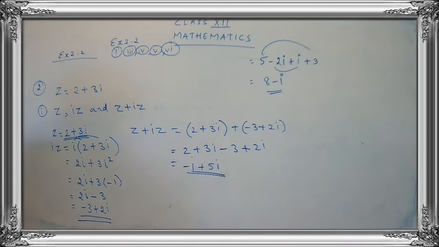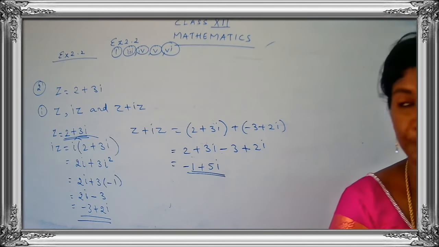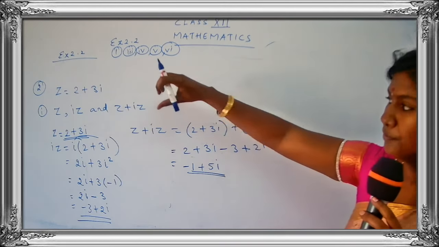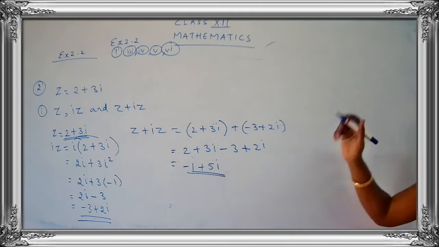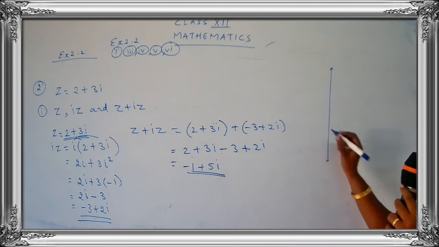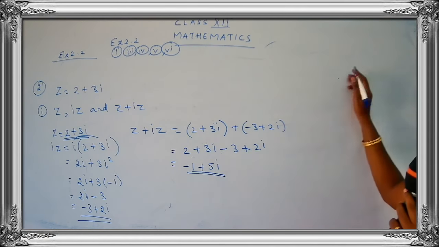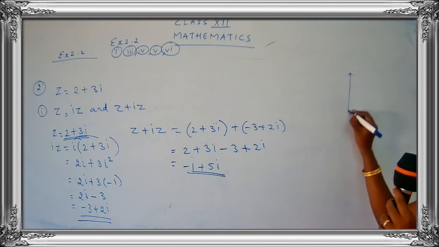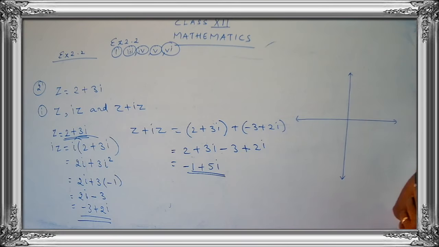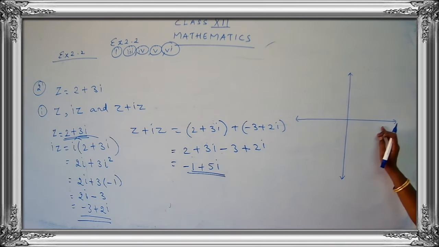So I'm going to proceed over here. I have told you that there is no need to draw different graphs. We are going to represent all three because this is a group, so we are going to put all three in one graph. So I'll just draw an axis. Here we have x, and you know the meaning of x. X is the real part.